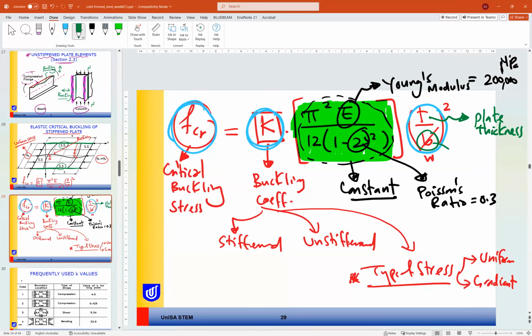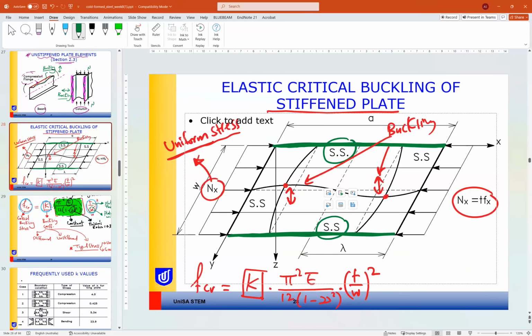What is B or W? The plate width. So if we go back to our slide here, in case of uniform stress, this is our formula. To understand the critical buckling stress, we need to know K.